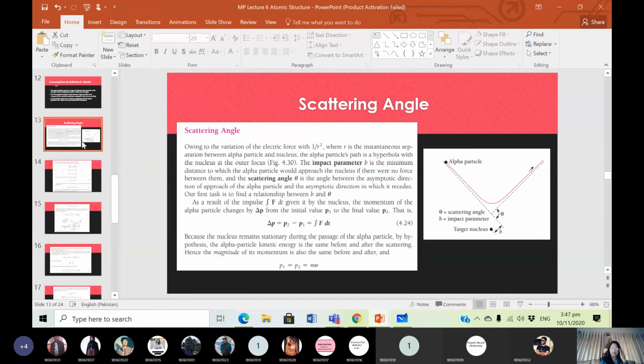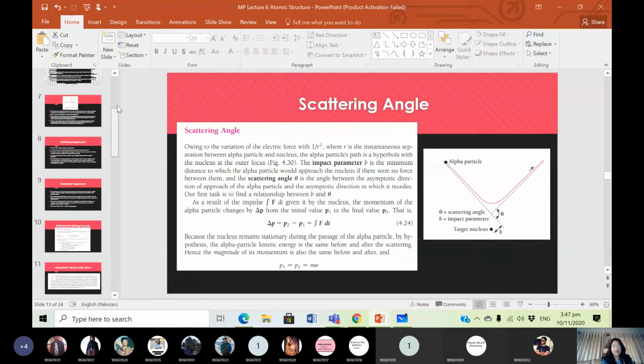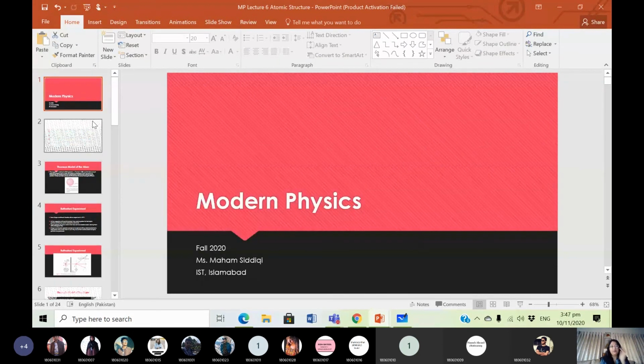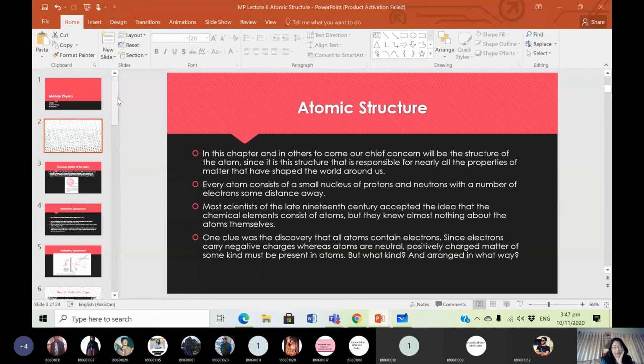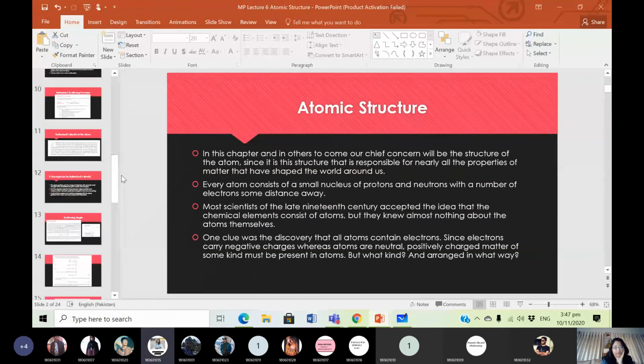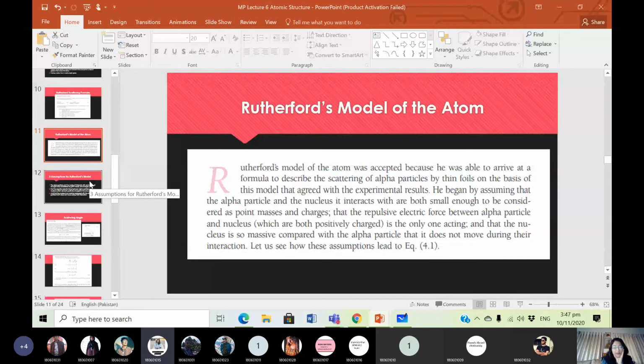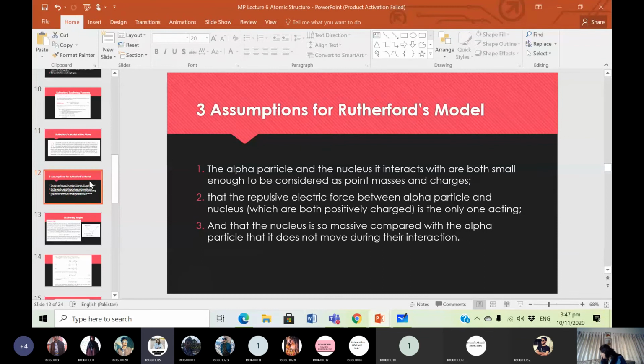Are there any questions related to anything we covered today, related to atomic structure or to the quantum mechanics that we finished? We have done chapter 1, which is relativity, and chapter 3, which is wave particles and properties.